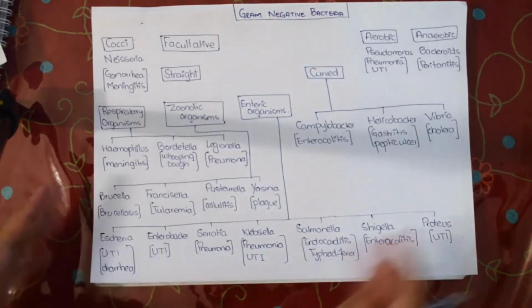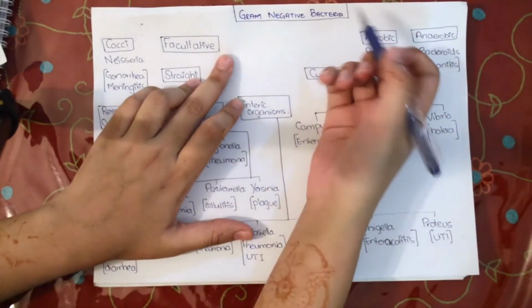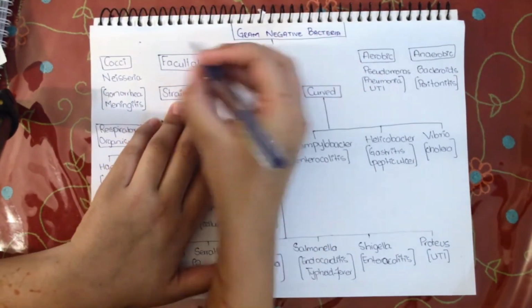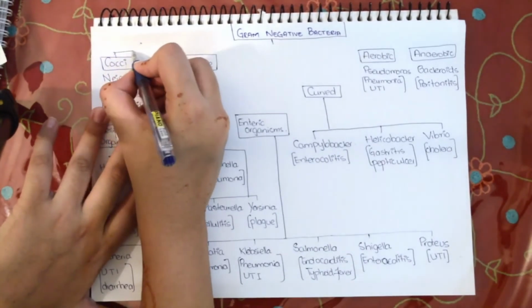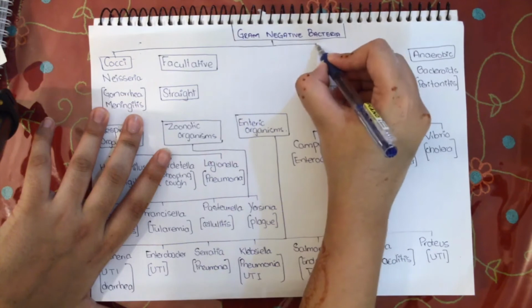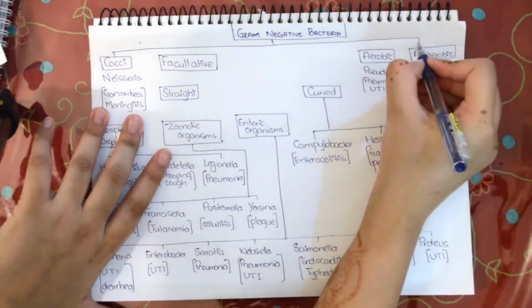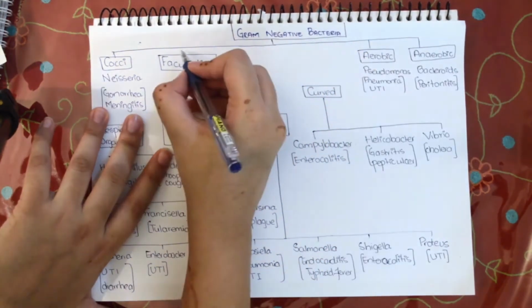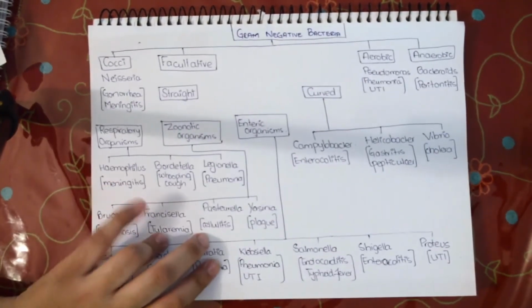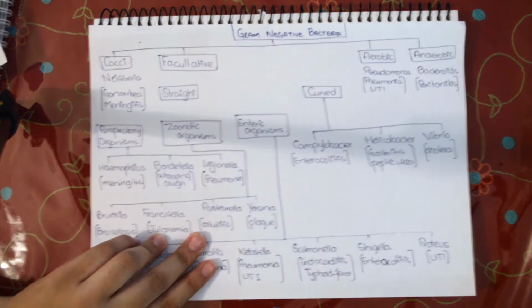So with division, we can say the gram-negative bacteria can first be classified into cocci, facultative bacteria, aerobic and anaerobic. Cocci is Neisseria and it causes gonorrhea and meningitis.